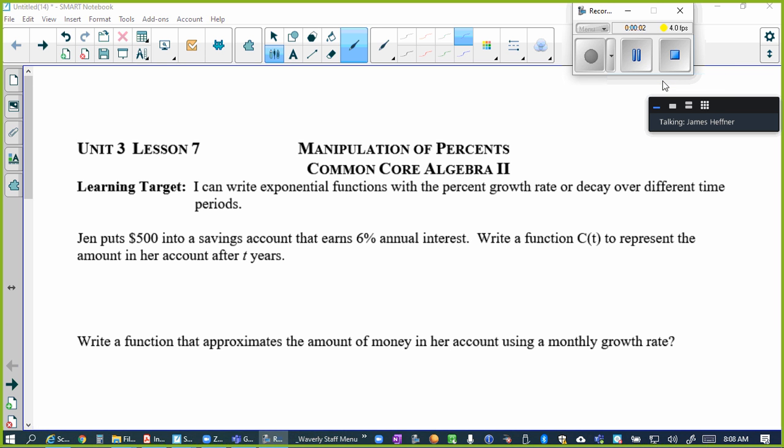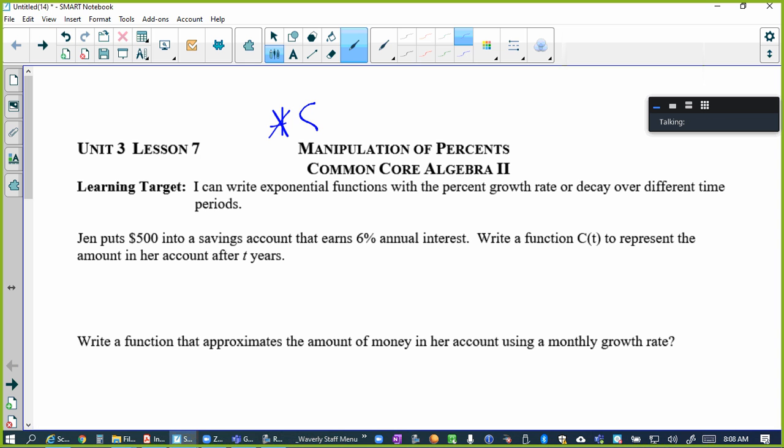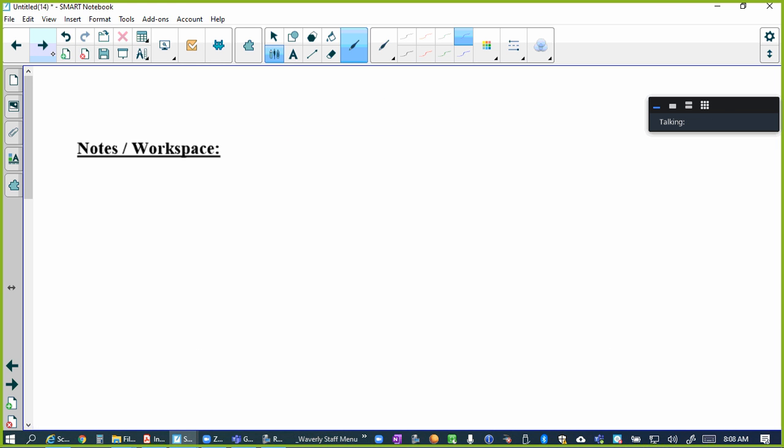Okay, so compound, it's called manipulation of percents, but they're going to get into compound interest. So let's do this first. Let's go over to our notes page. We know this is based on exponential growth, right?